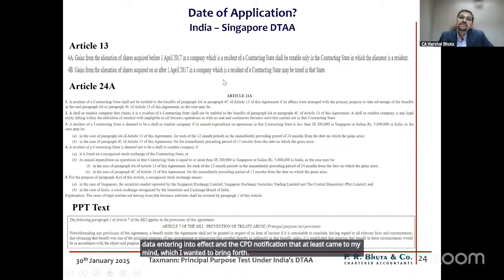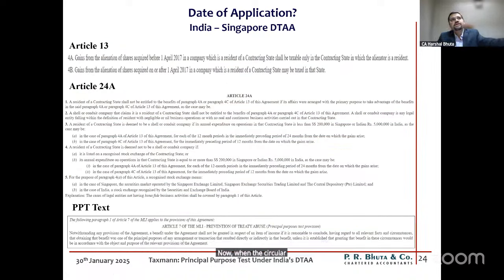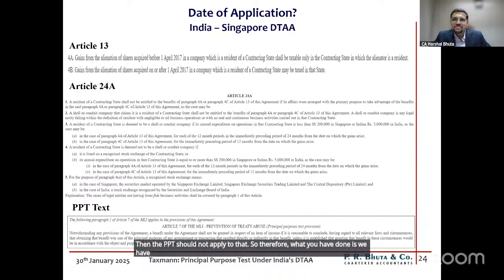Now, when the circular says that if we have given some bilateral commitment, then the PPT should not apply to that, what you have done is we have presented what is the benefit under the particular provision. Article 13 gave the benefit that shares acquired before 2017, if you sell them at any point in time, there will be grandfathering of capital gains benefit.